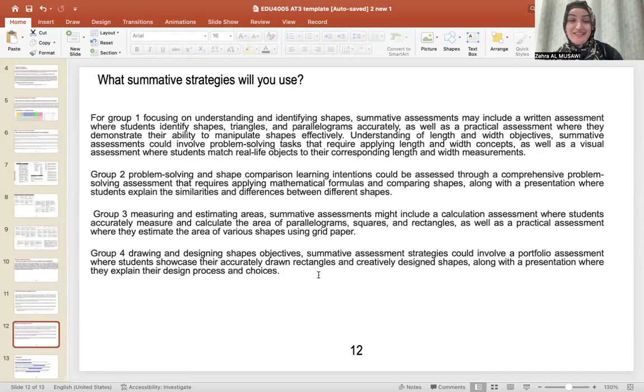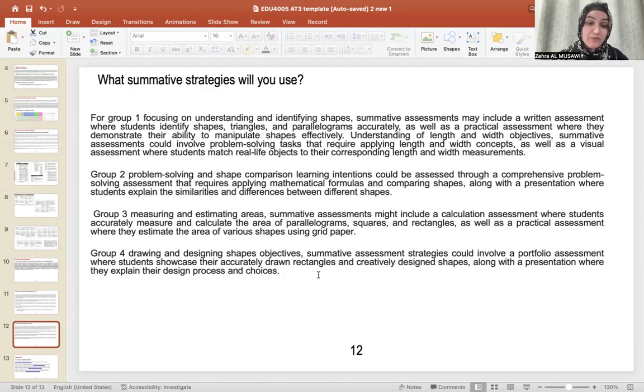Summative strategies for group 1, focusing on understanding and identifying shapes. Summative assessment may include a written assessment where students identify shapes, triangles, and parallelograms accurately, as well as practical assessments. For group 2, problem solving and shape comparison, the learning intention could be assessed through a comprehensive problem solving assessment.